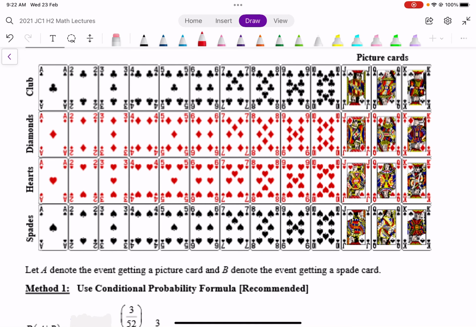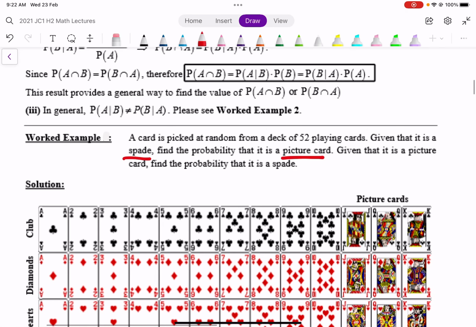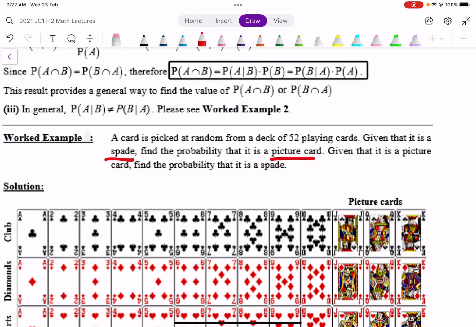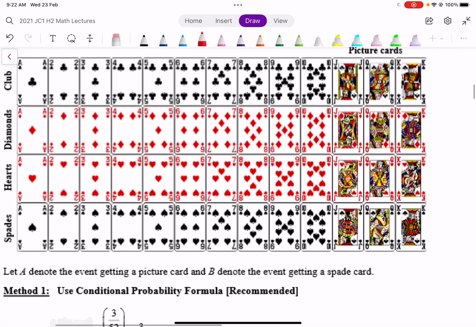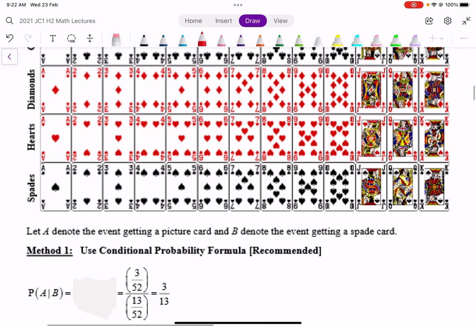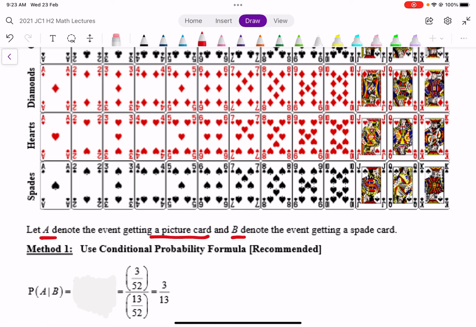First, the probability of the card that I want to pick, which is the picture card. So we let A denote the event that you are getting a picture card. Then the condition is that it's a spade, so we let B be the event that you get a spade card.